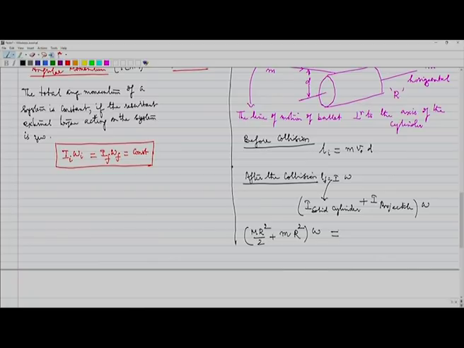This is equal to the initial angular momentum, m V naught D, corresponding to only the bullet. Therefore omega is equal to m V naught D divided by M R squared by 2 plus little m R squared.